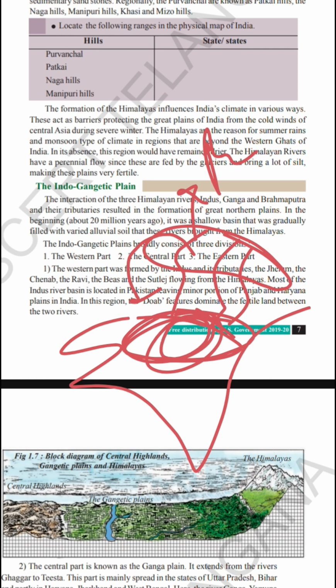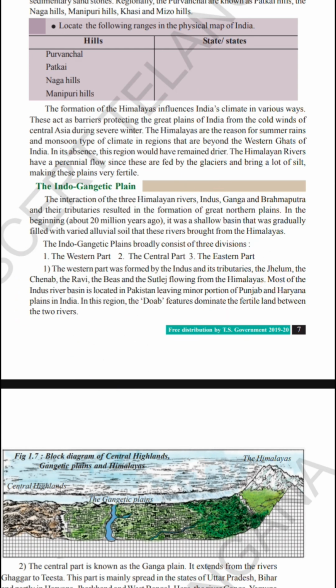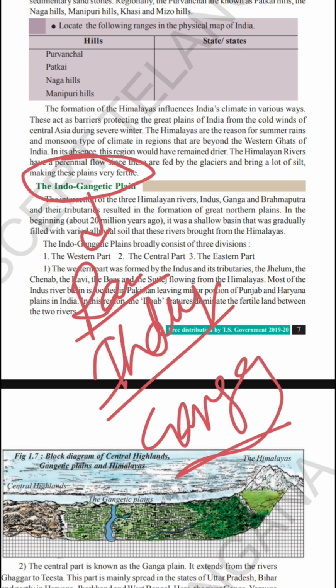So, majorly the plains are formed by the Indus River and Ganga River. Hence the name, Indo-Gangetic Plains, in the sense the rivers which are flowing from Himalayas, such as Indus and Ganga, they formed the plains.